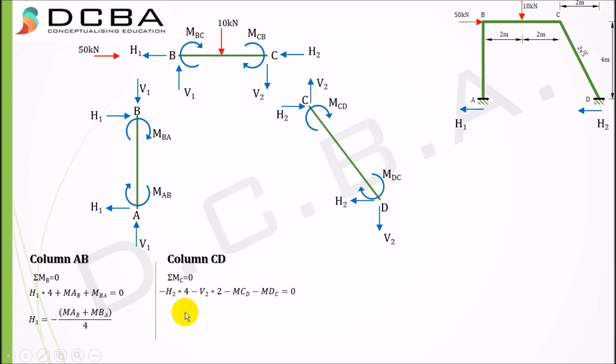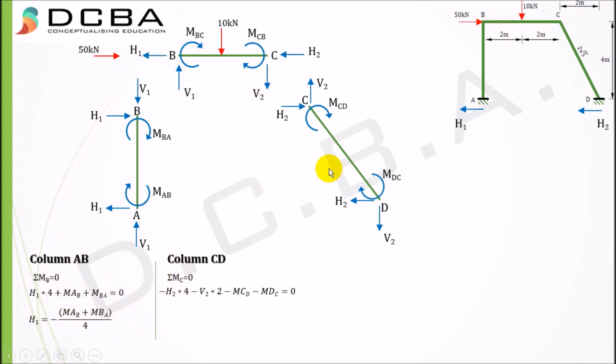Now, when we solve this equation, we cannot solve it any further because we do not have the value of V2 as well as the value of H2, and that is the reason we need to draw this free body diagram just to find the value of V2 and H2. Had this been a vertical member, as you see here, H1 we directly got in terms of MAB and MBA.